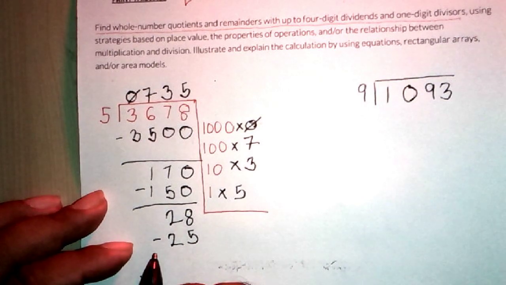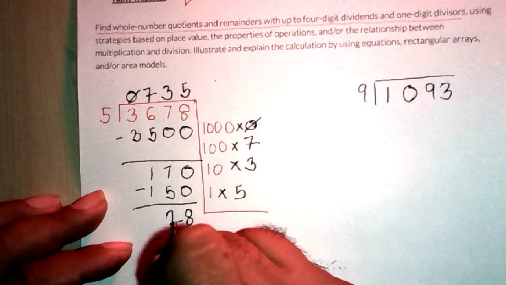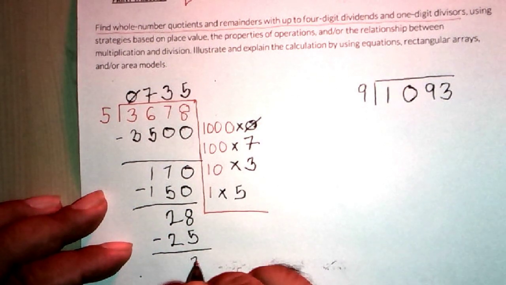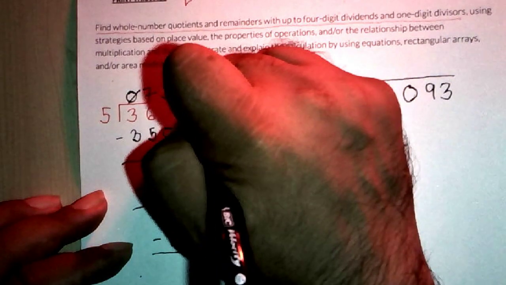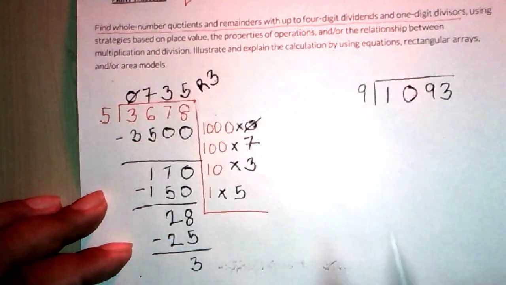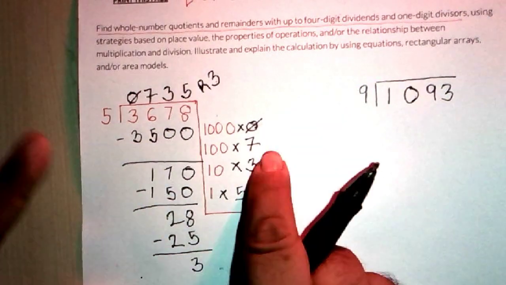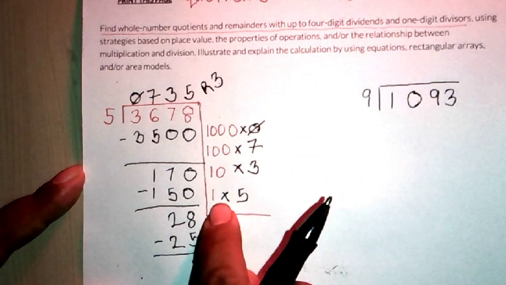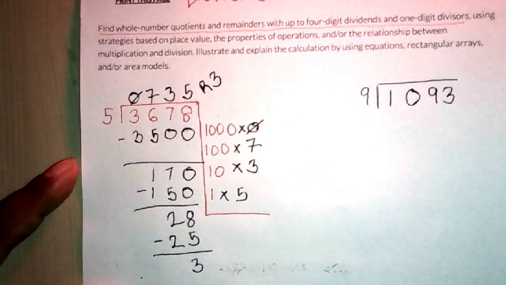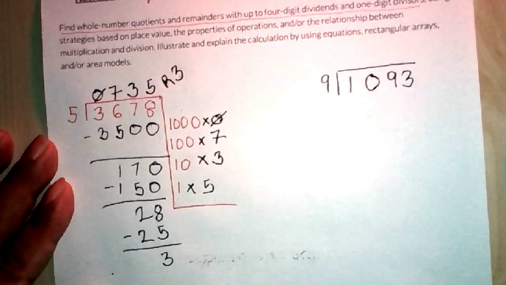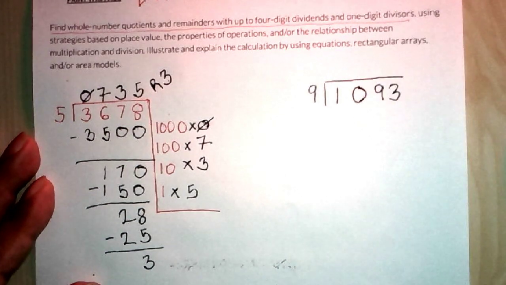Then you subtract. 3. So our answer is 735 with a remainder of 3.